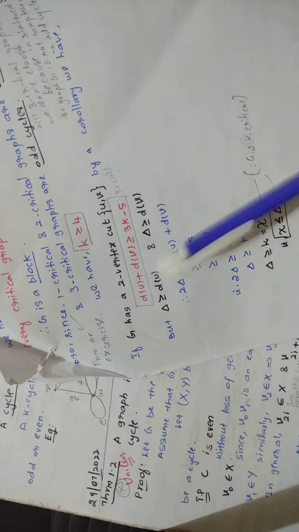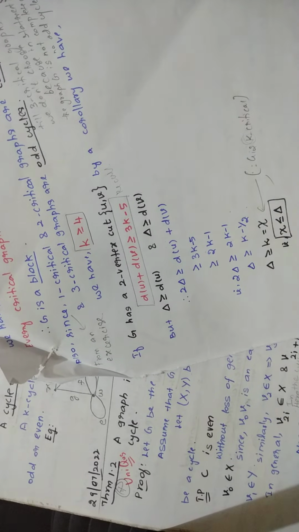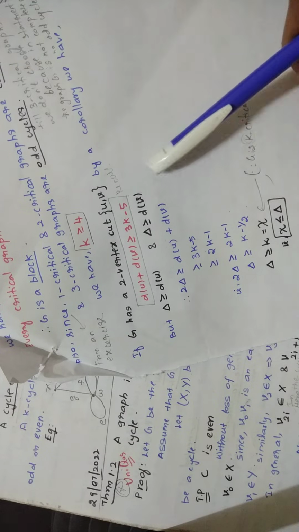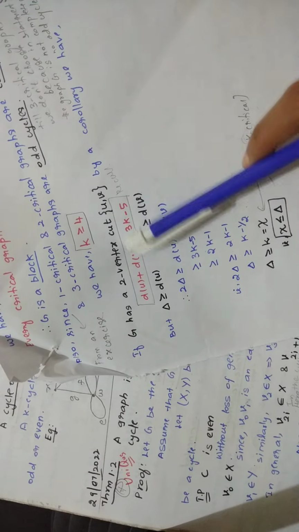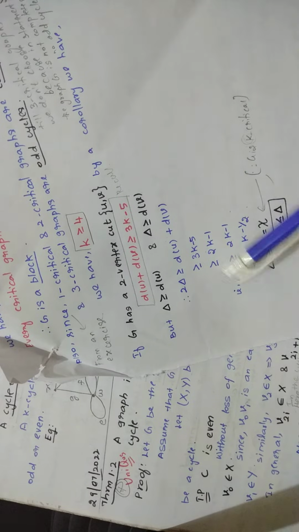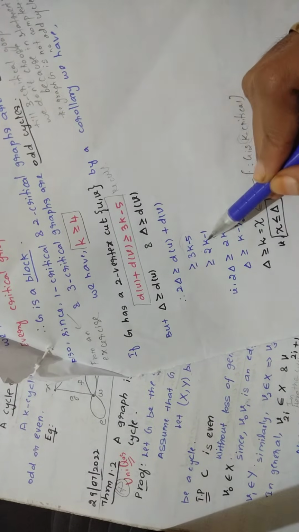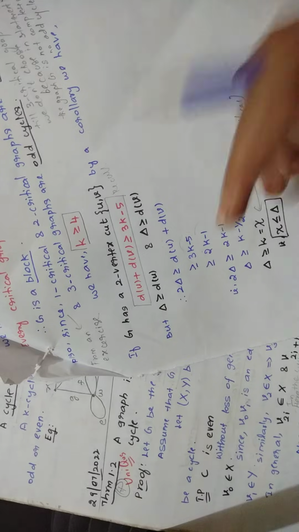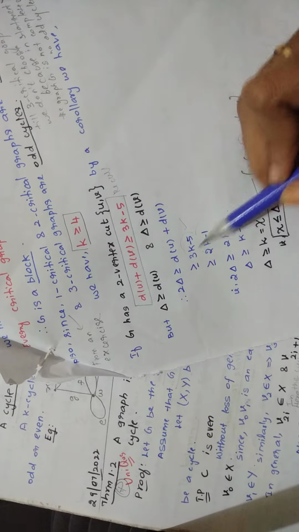Now, 2 delta, you are adding. When you add this, you will get 2 delta greater than or equal to D of U plus D of V. So substitute the value here, and this value will be greater than or equal to 2k minus 1. For our convenience, you are writing this. So this value surely will be greater than or equal to this value.